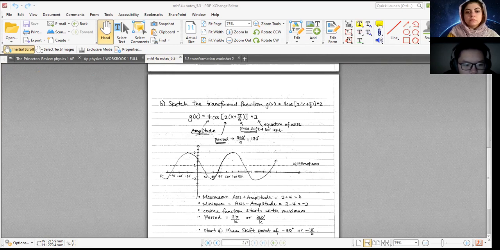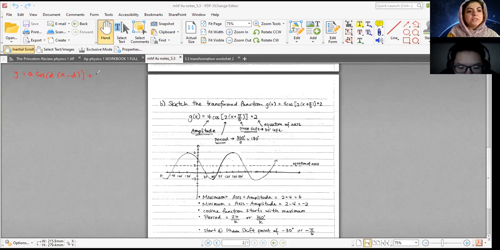I'm going to put the general form, then you can take a screenshot of that. y = a cos(k(x - d)) + c.